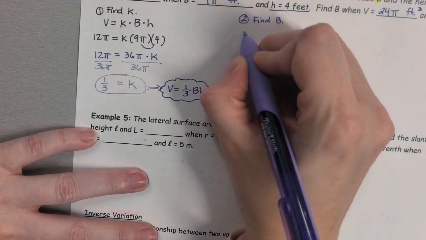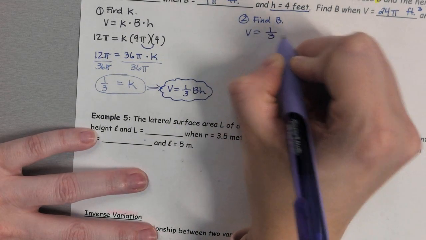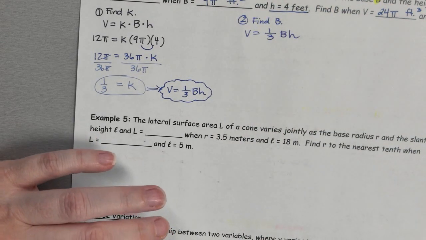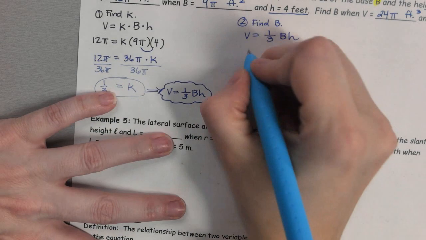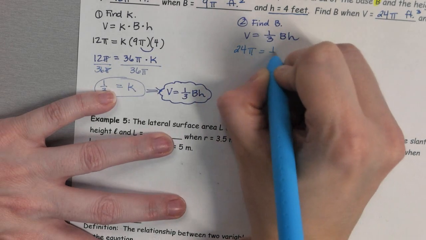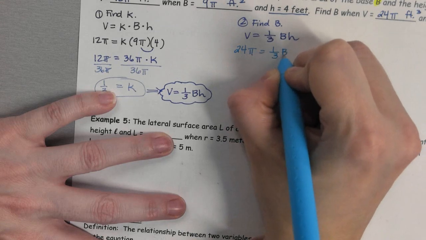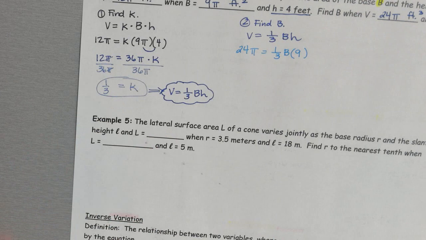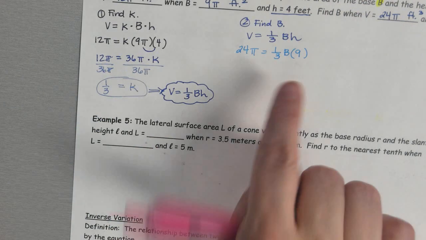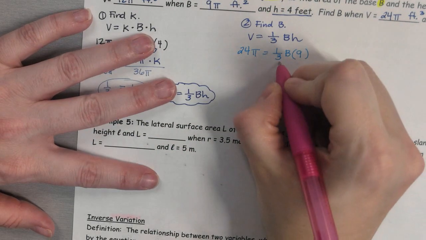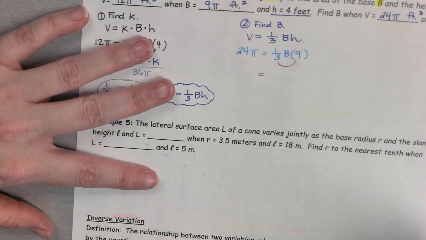Okay, so the volume equals 1/3 BH. Let's substitute in our volume, which in this case is 24 pi. We're trying to find B, and then your H is 9. Okay, so this is one again where you could divide by 9 and then multiply by 3, but it's going to be simpler to just multiply those together first.